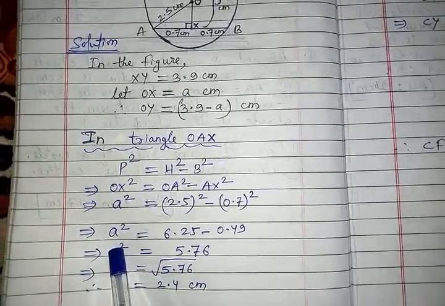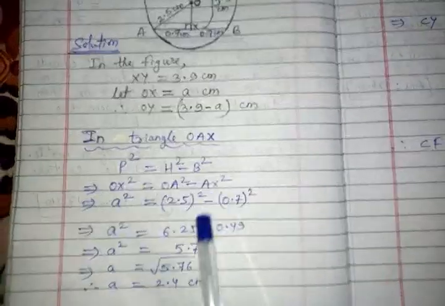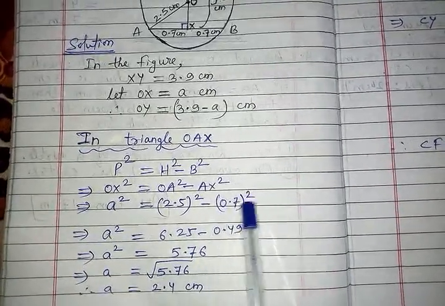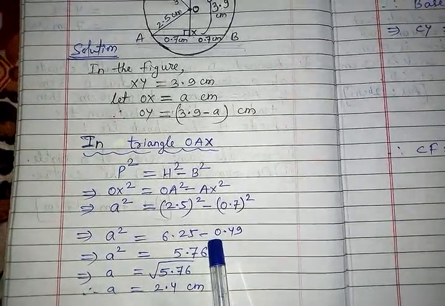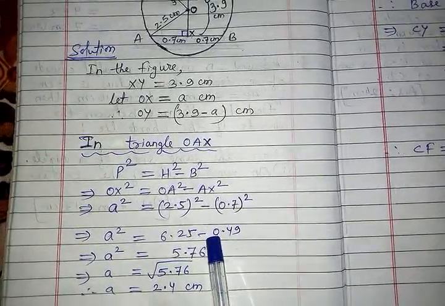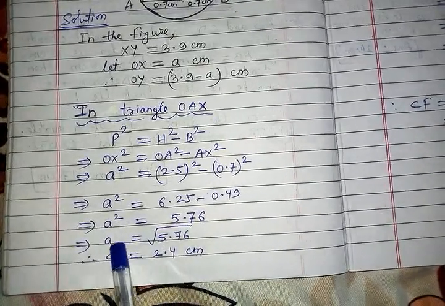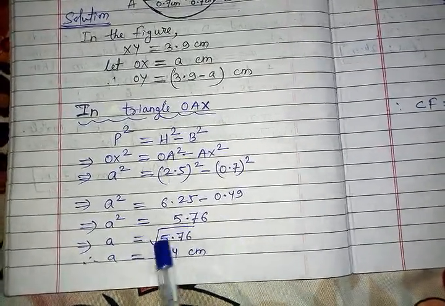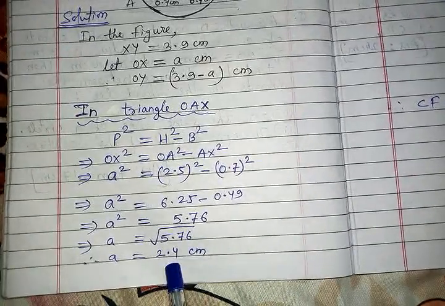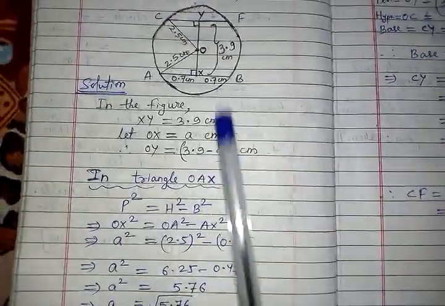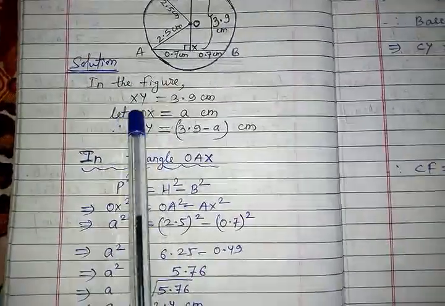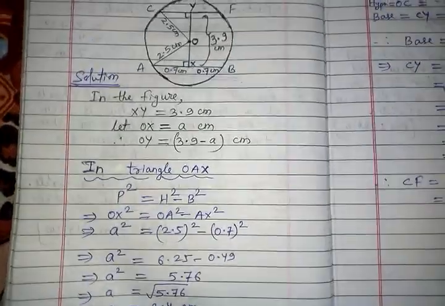Now A square equals, here, 2.5 whole square is 6.25 and 0.7 whole square is 0.49. After subtraction I got this, and when I remove the square from A I get root over here, and root over 5.76 is 2.4. So now I have got the value of OX. OX is A and A is 2.4.